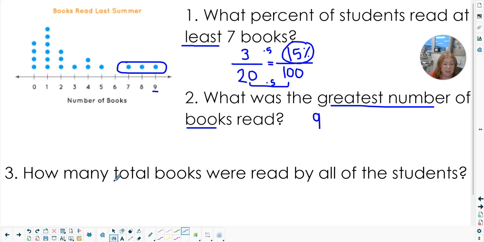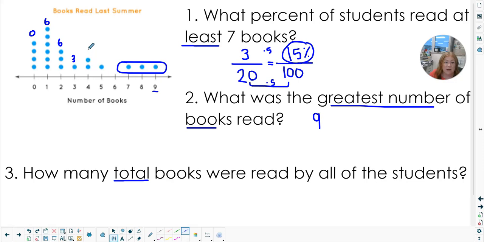And our next one says how many total books were read by all of the students. So we have to put every person's books together. So on our dot plot, these people all read 0 books. And we have 1, 2, 3, 4, 5, 6 people that read 1 book. 2, 4, there's 6 more books. And this person read 3.